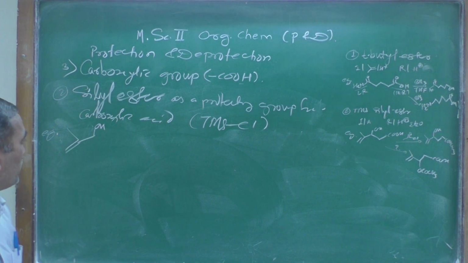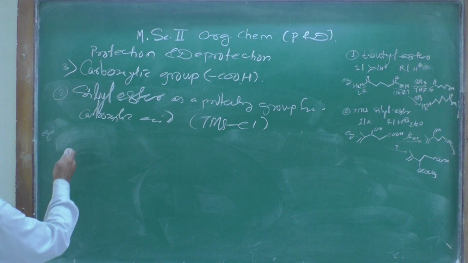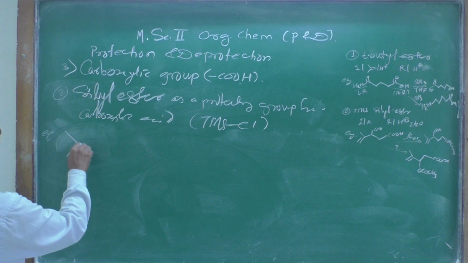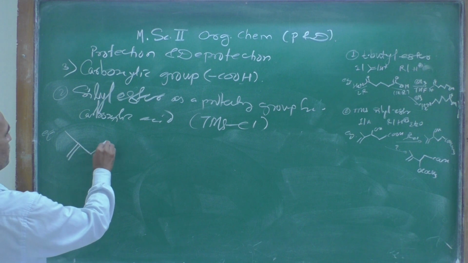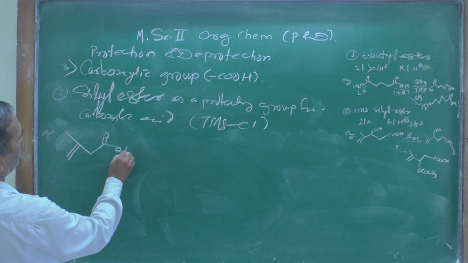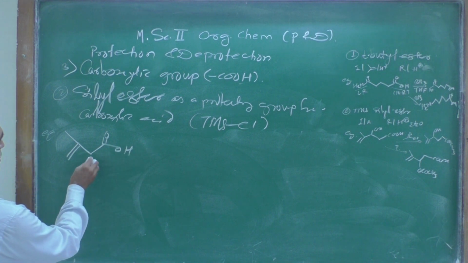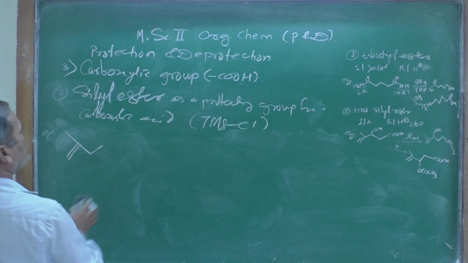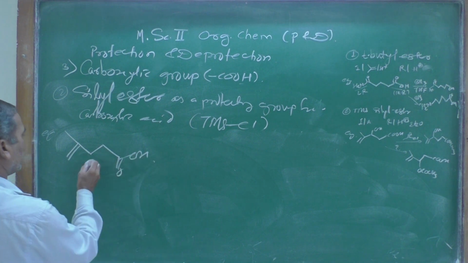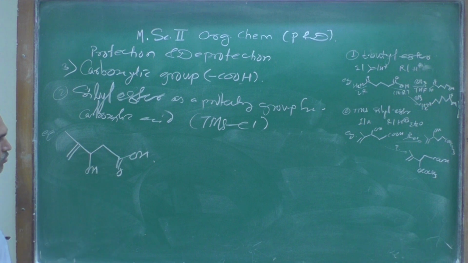For the sake of convenience, let me draw the structure cleanly here: C double bond, then C double bond OH, and one more functional group.